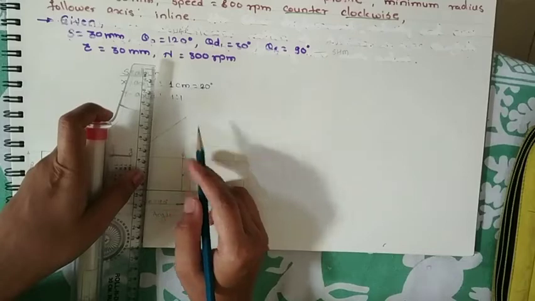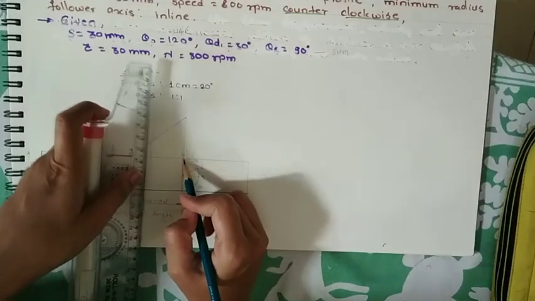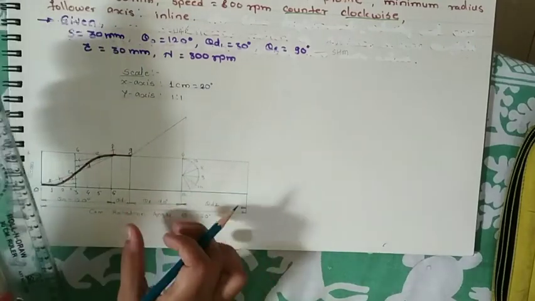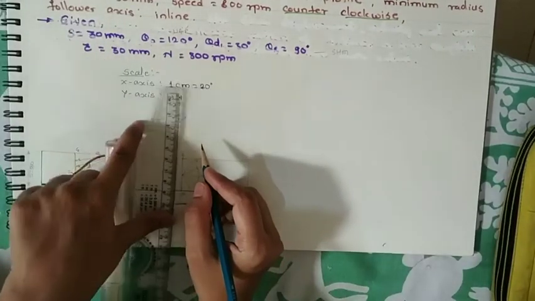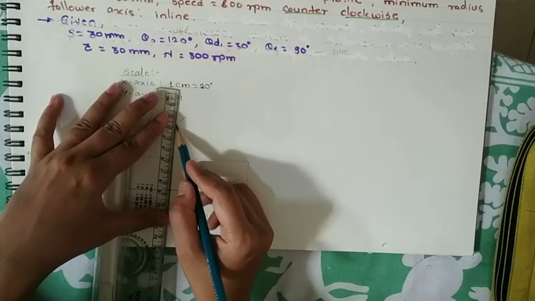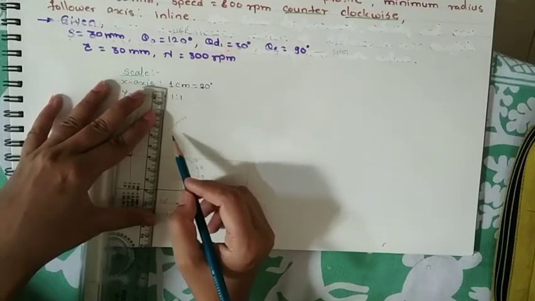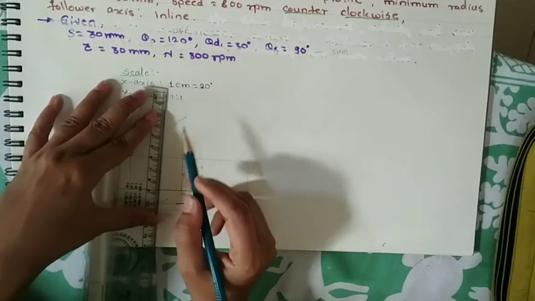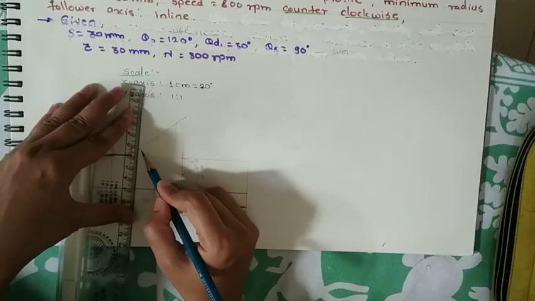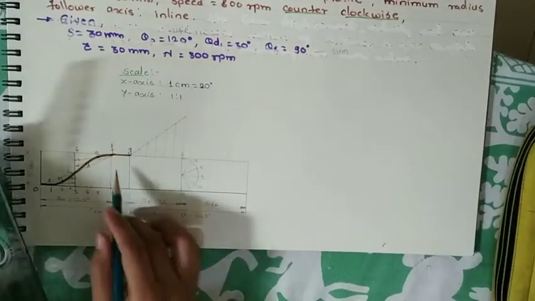Now just join the last point to the end point of this return stroke. After that, draw parallel lines to that line and you will get equal divisions on your return stroke.